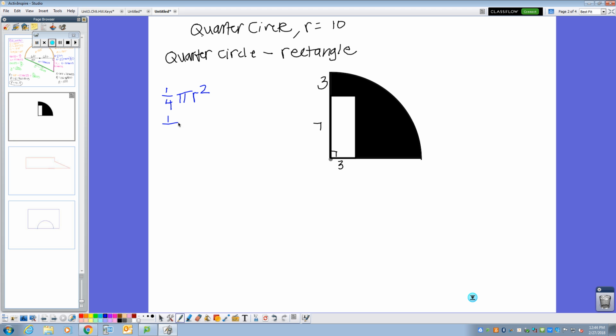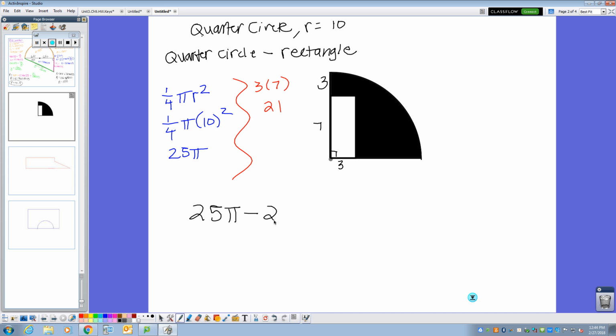The radius of my circle is 10. So we have 1/4 times pi times 100. So 25 pi is my quarter circle. And then the rectangle is just 3 times 7. So the area of this part, the shaded figure, whatever the heck it is that we're dealing with, is the quarter circle minus the rectangle.